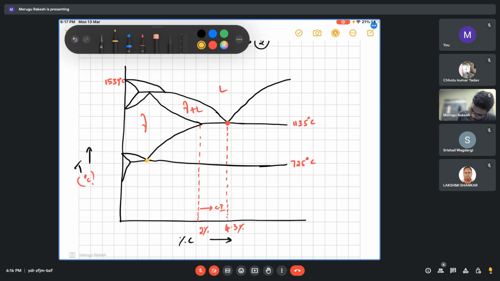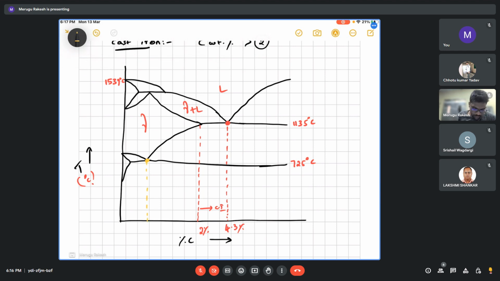Then we have the eutectoid point, which is around 0.8%. Here we have cementite, austenite, alpha ferrite, and pearlite.